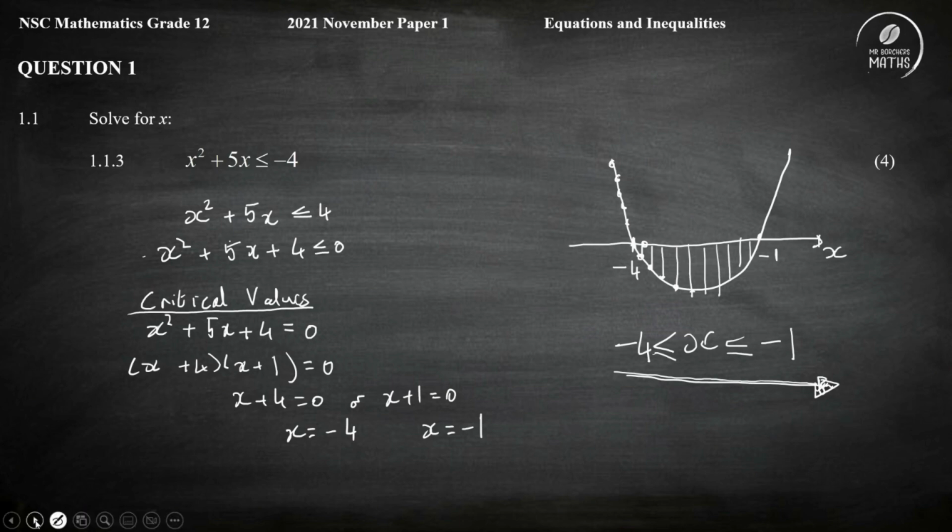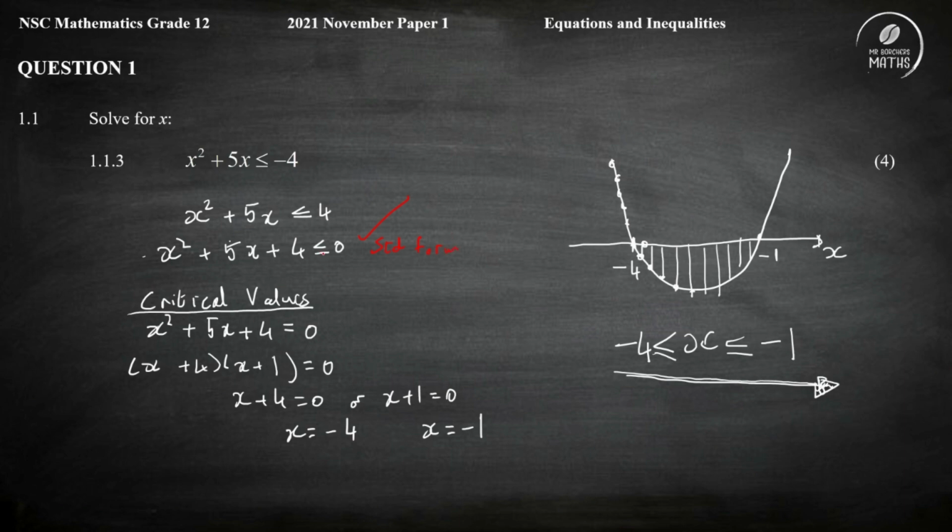Okay, let's have a look at where we get our 4 marks from this question. Inequalities are usually 3 marks. Here it's 4. The first of those 4 marks you would get would be for rearranging this inequality into its standard form. So there you go. You'd get a mark for putting this into standard form.